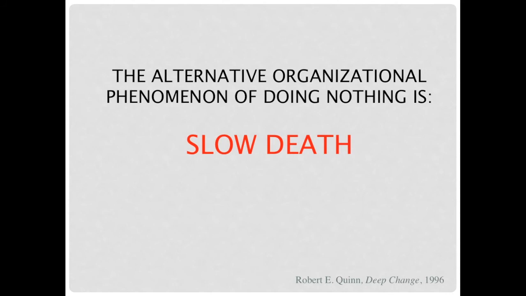Often we find ourselves in a situation where it feels like there's nothing that can be accomplished of significance, or a feeling of being trapped and unable to enact significant change in an organization. And Robert Quinn would call this a slow death, which is an alternative organizational phenomenon of doing nothing.